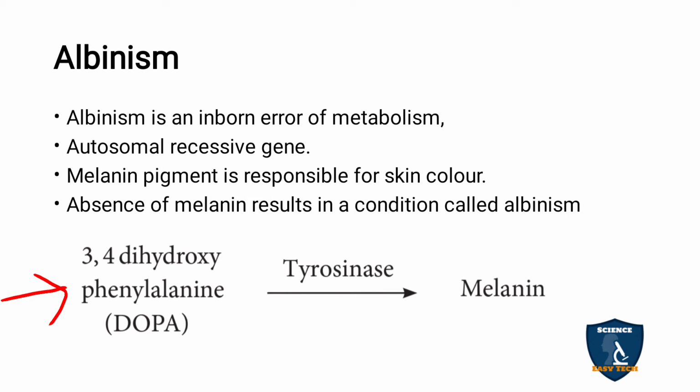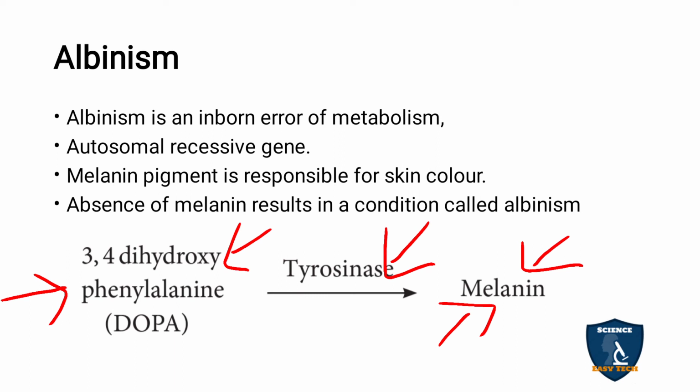DOPA is present in the melanocytes, and it converts into melanin pigment with the help of the enzyme tyrosinase. This enzyme is seen in the melanocytes, and on seeing DOPA it acts on it and produces the melanin pigment.